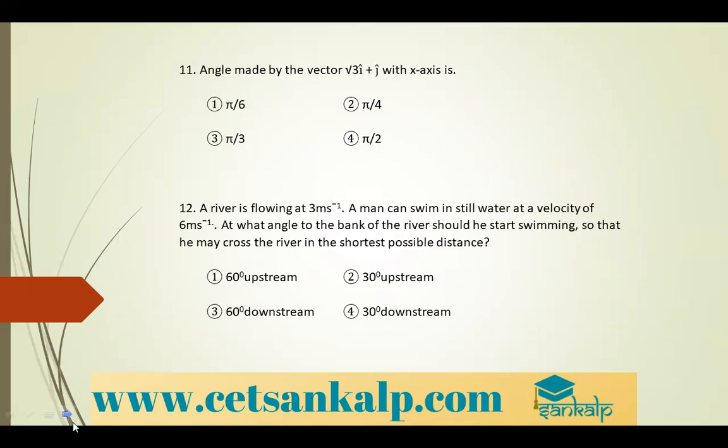Angle made by vector root 3 i cap plus j cap with the x-axis. Okay, it is moving only along the x-axis, not along any of the other axes. In that case, you have to remember a very important formula.